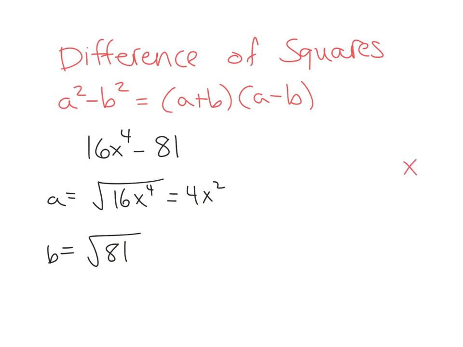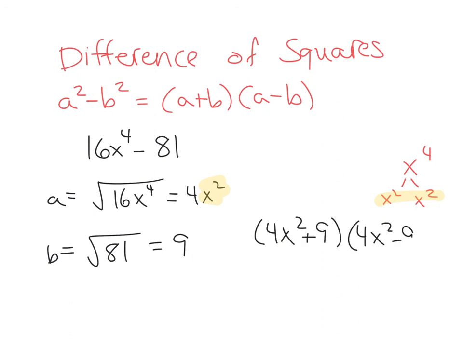Well, if you do a factor tree on x to the fourth, it's like saying x squared times x squared, a pair of x squareds. Now, the square root of 81 is 9. And now you just plug in the formula. So you have a 4x squared plus 9, 4x squared minus 9. And that's all there is to it for that one.